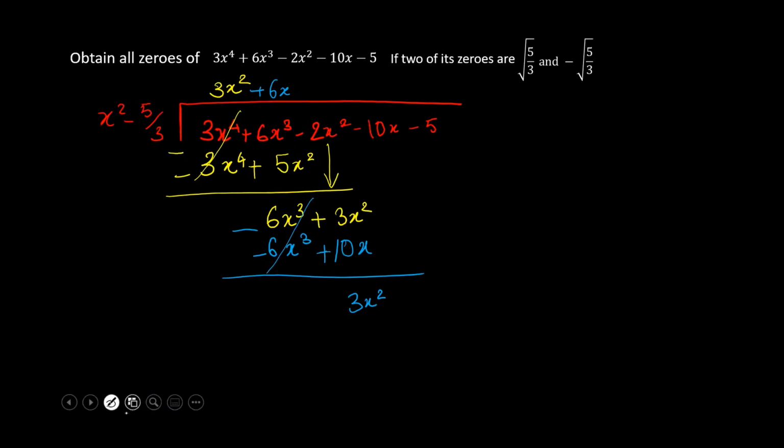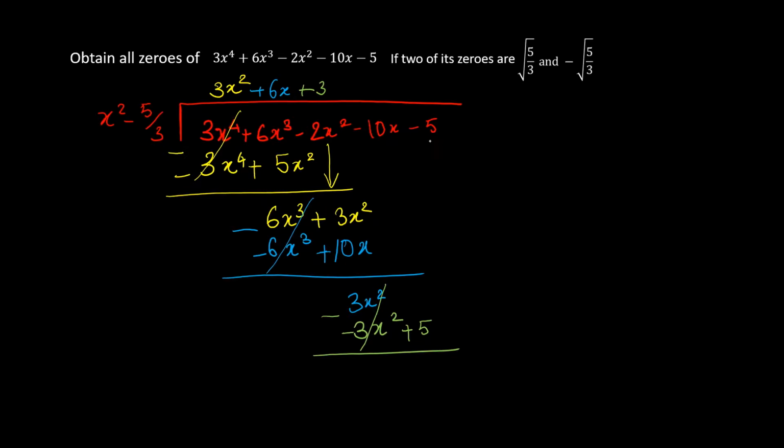And let's go on further. Then I'll get here, if I have an x square, I want to get 3x square, I'll multiply with a 3. Then I'm going to get 3x square here, and when I multiply 3 with 5 by 3, I'll get minus 5, right? And minus here, so this becomes a minus, that becomes a plus, and this goes out because they are both plus and minus.